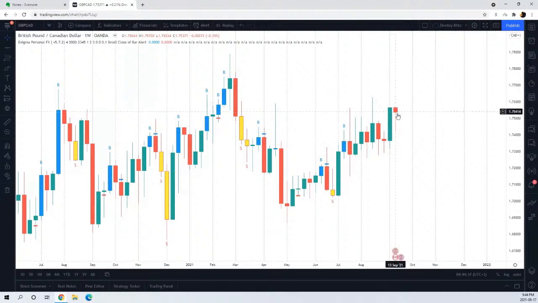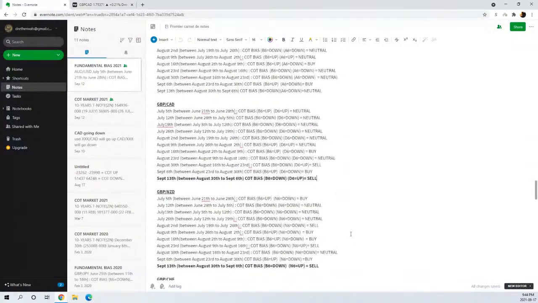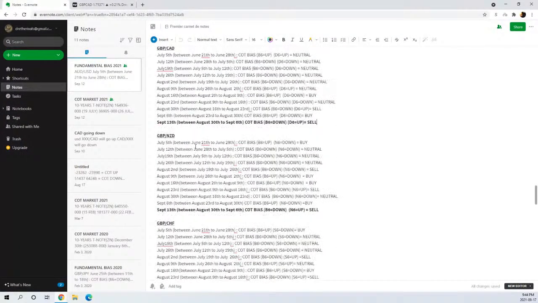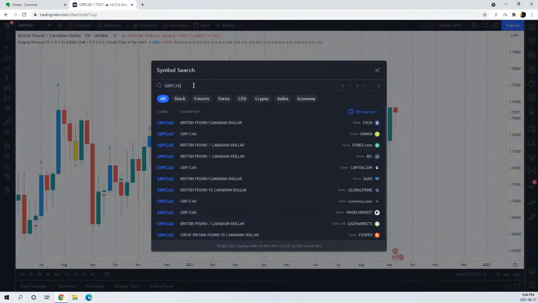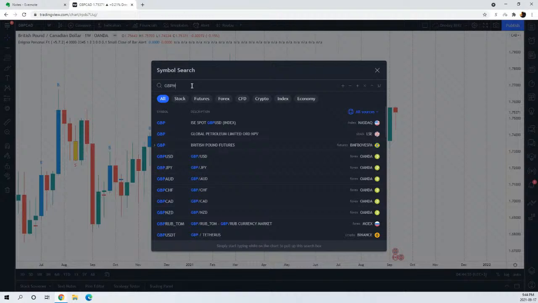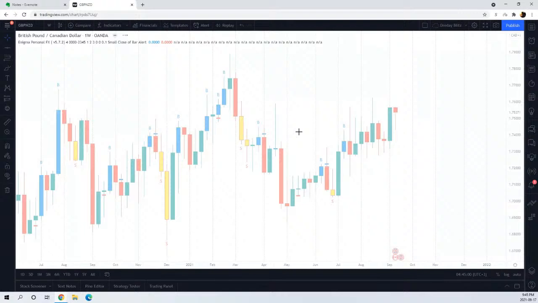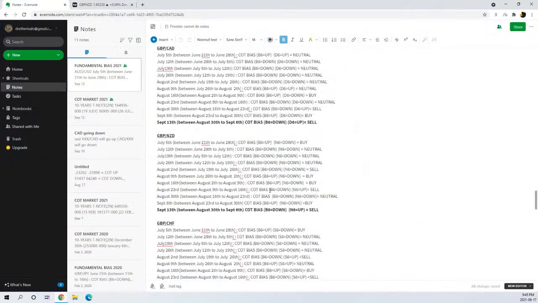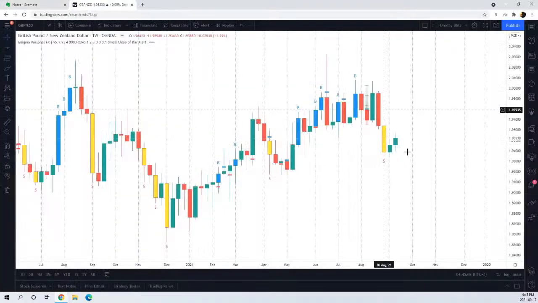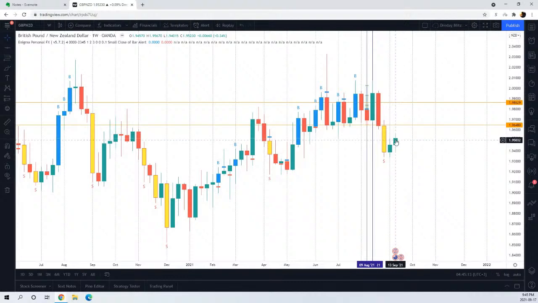Sold off. That's a sell candle. It's red. NZD. NZD, we said sell. This one, negative. It was a buy.